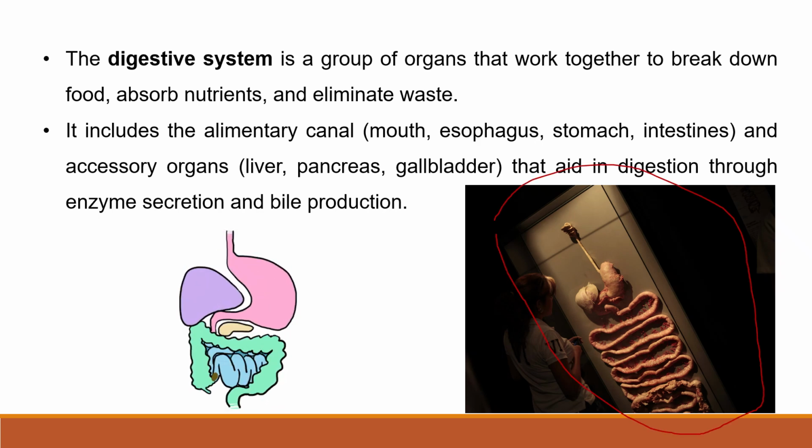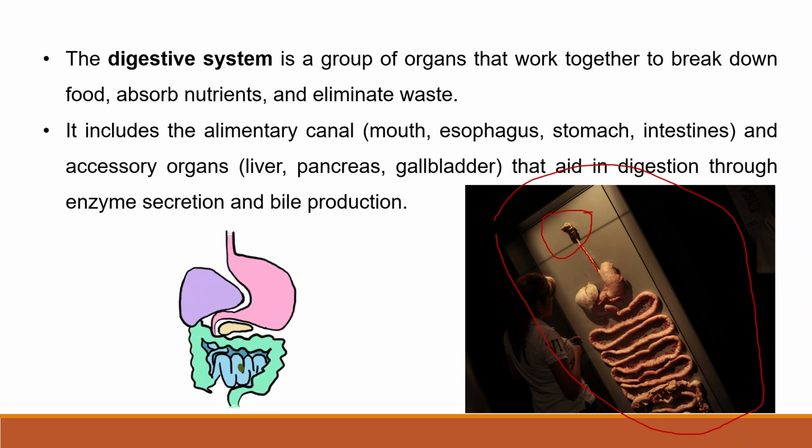So it begins with the mouth. Here we can see that it starts in the mouth where food is chewed and mixed with the saliva, then moves through the esophagus by the process of peristalsis, and reaches the stomach where acids break it down further.